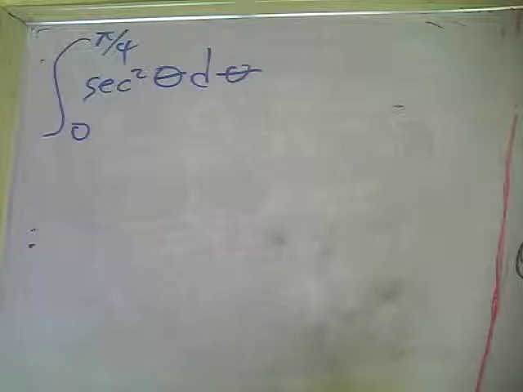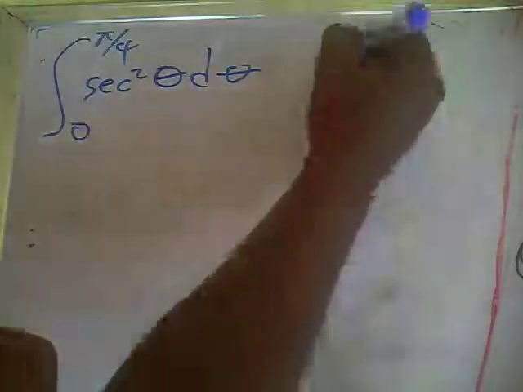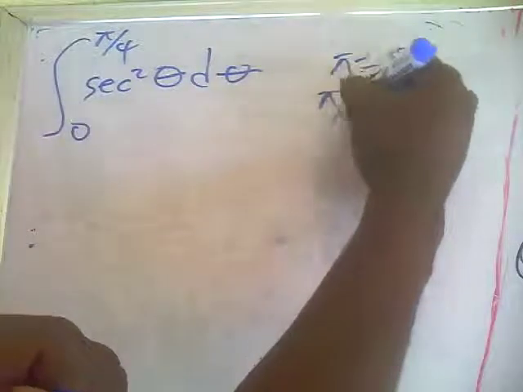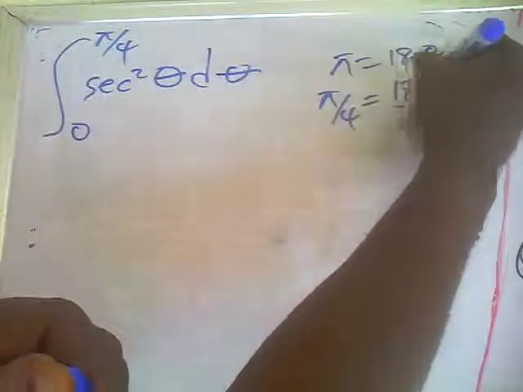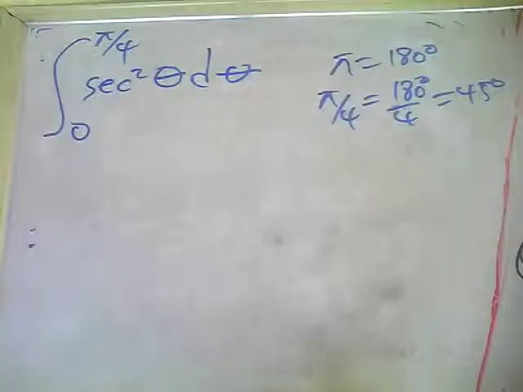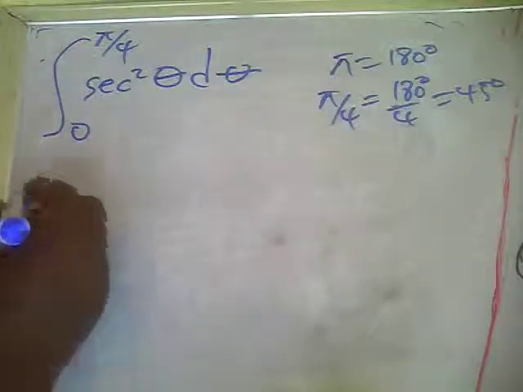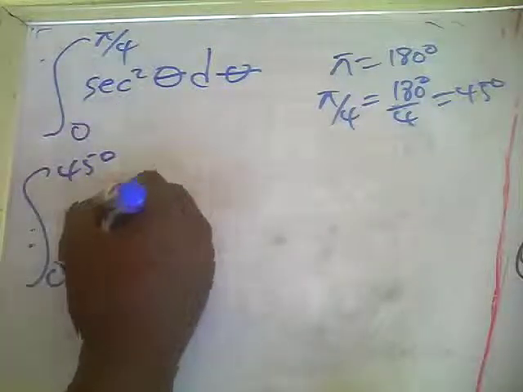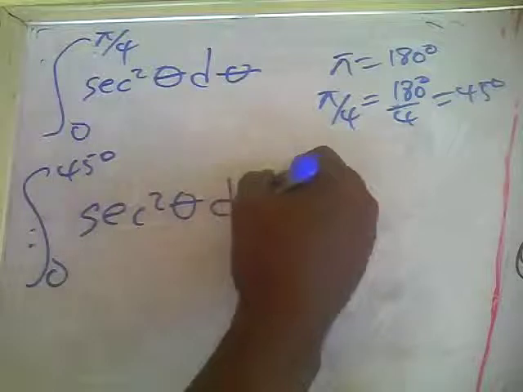Now, we know that pi is 180 degrees. So pi over 4 is going to be 180 degrees over 4, which is what? 45 degrees. Okay? So we are integrating from 0 to 45 degrees, sec square theta d theta.